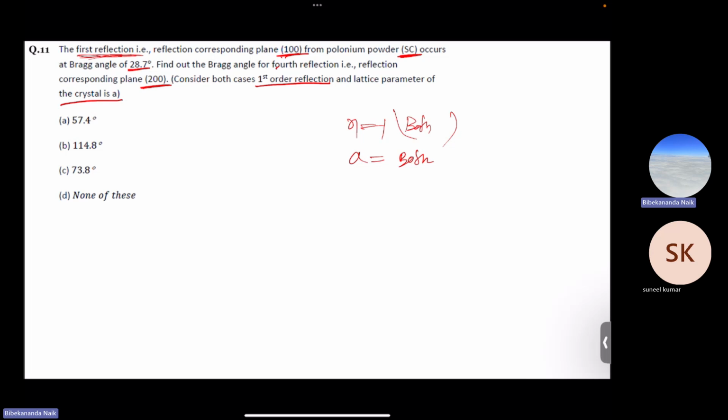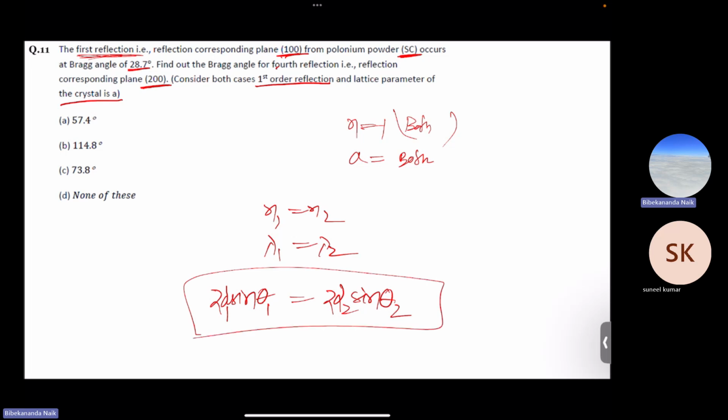So here n1 equals n2, lambda 1 equals lambda 2. Is it not? So 2 d1 sine theta 1 will be 2 d2 sine theta 2, because n lambda is equal.